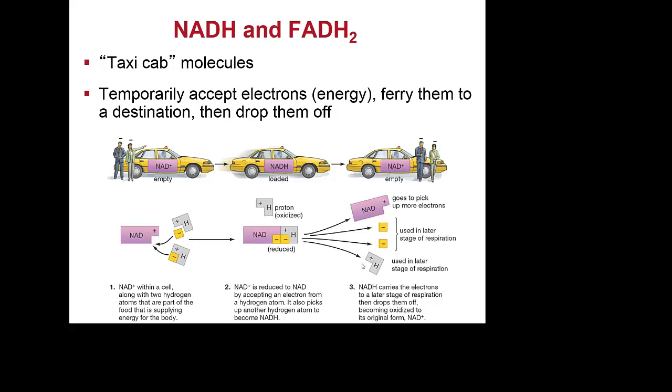So we've got to get these electrons moving in the right direction because we actually are going to build a concentration gradient using electrons. So here's my little taxicab for you to show you the movement, and we're going to pick up electrons and then drop off electrons someplace else. So these will be important players for us in this entire process.